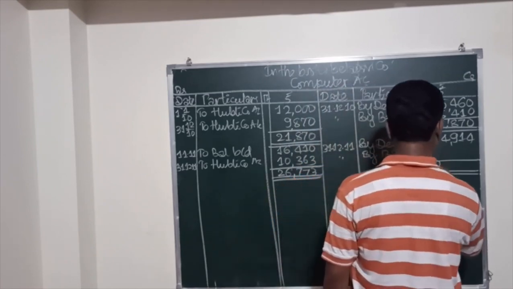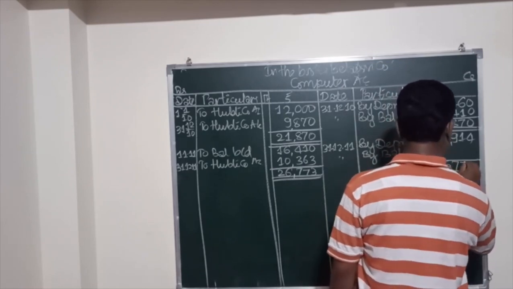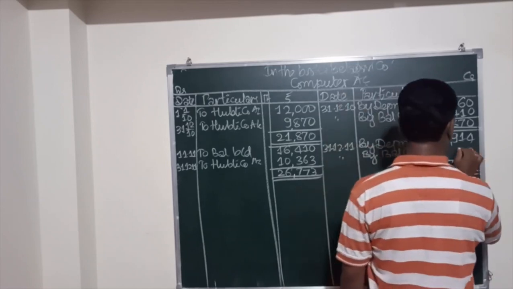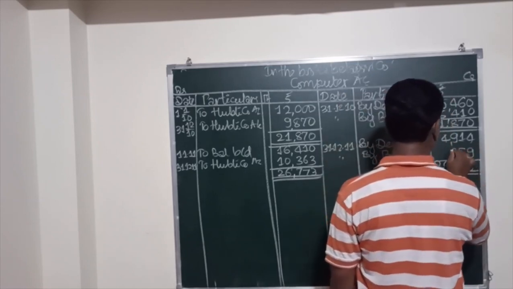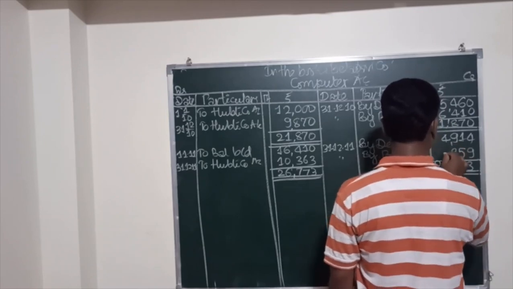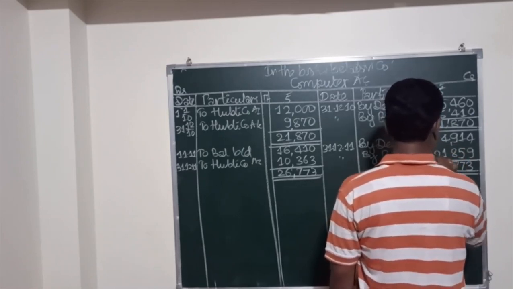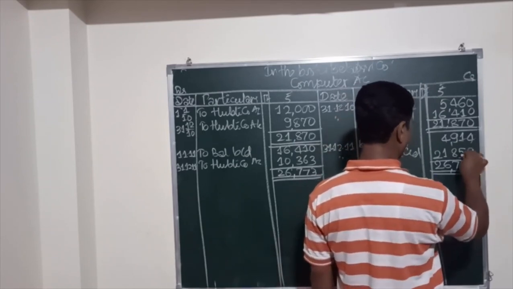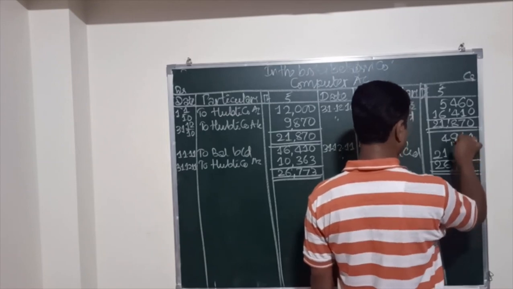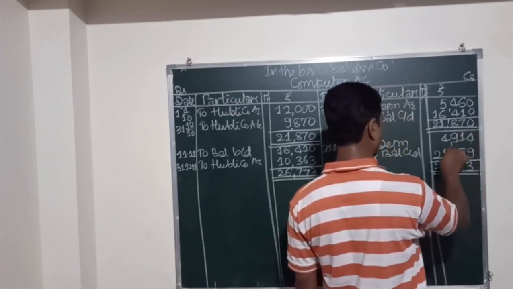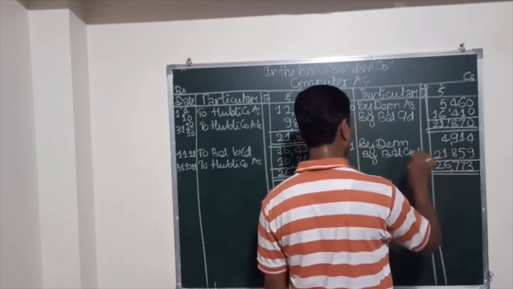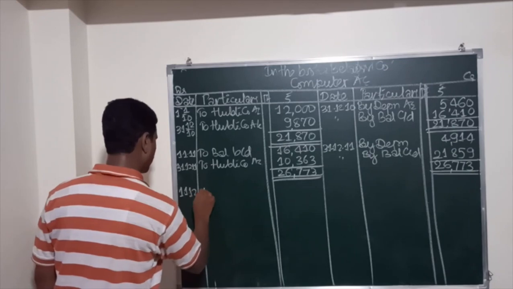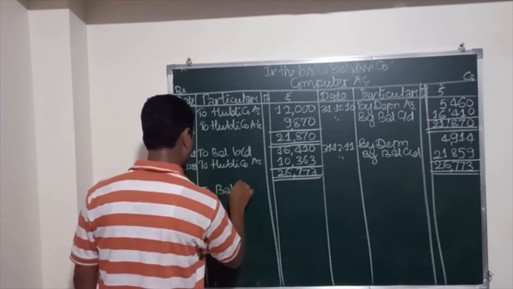So the same total 26,773. 4 plus 9 is 13, carry 1, 1 plus 1 is 2, 2 plus 5 is 7, 9 plus 8 is 17, carry 1, 4 plus 1 is 5, 5 plus 1, it is 2 here. So let's check here. 9 plus 4 is 13, carry 1, 5 plus 1 is 6 plus 1 is 7, 9 plus 8 is 17, carry 1, 1 plus 1 is 2, 2 plus 4 is 6, 2 here. So on 1/1/12, to balance brought down.